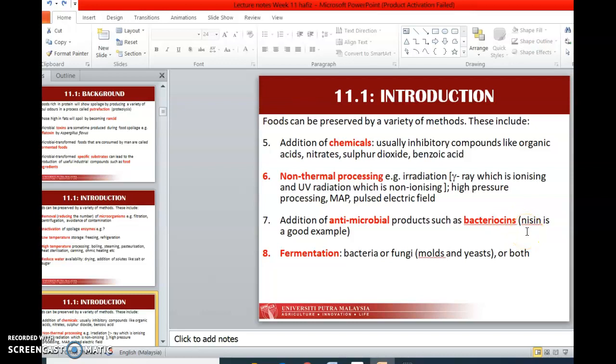This one is common. For example, penicillin is considered a bacteriocin, but usually it is used in pharmaceutical products. And finally, we can use fermentation. It means we use a good microorganism to outgrow the bad microorganism.